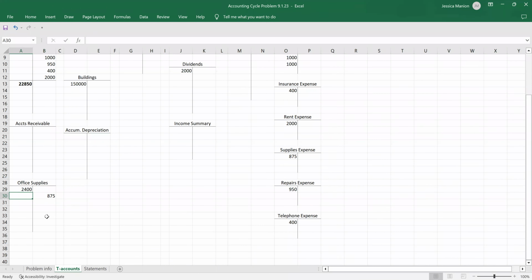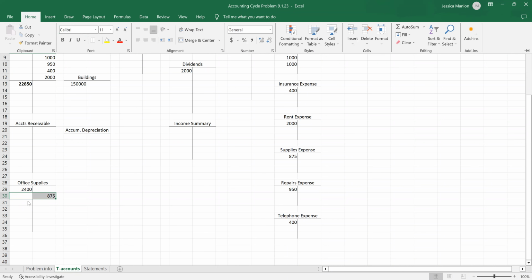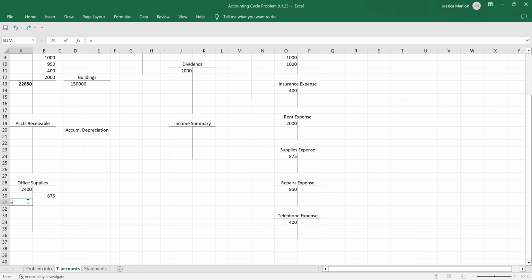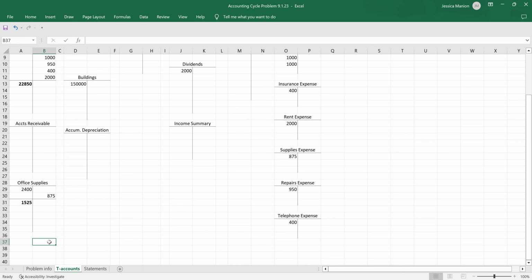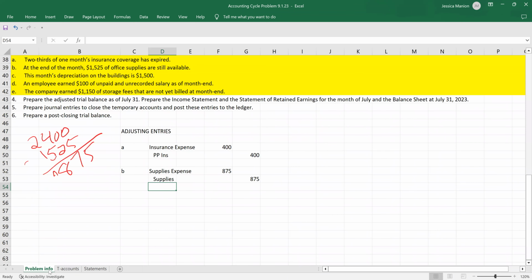So again, since we've done our adjusting entry, we can calculate that our ending balance now in supplies equals 2,400 minus 875. So 1,525 is that ending balance now in supplies. Okay. All right, let's do letter C. This one says this month's depreciation on the buildings is 1,500.